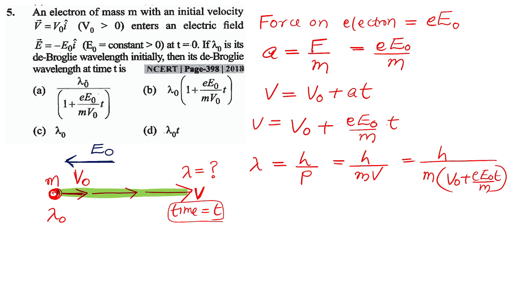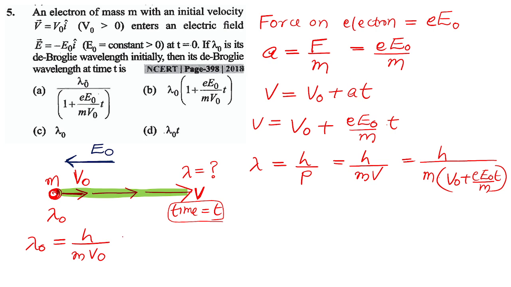Lambda 0 is the initial wavelength of the electron. Can I write lambda 0 as h by m into v0? Yes. So I want to include lambda 0 in the final answer.